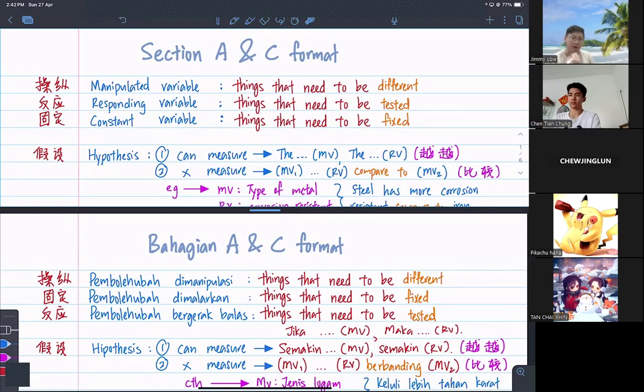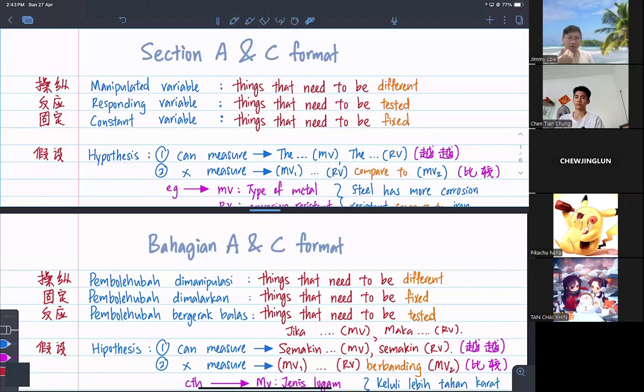For example, both samples must be at the same place to do the experiment. If you do one experiment in Malaysia and another in UK or USA, the experiment is not fair anymore. So this is the so-called constant variable.